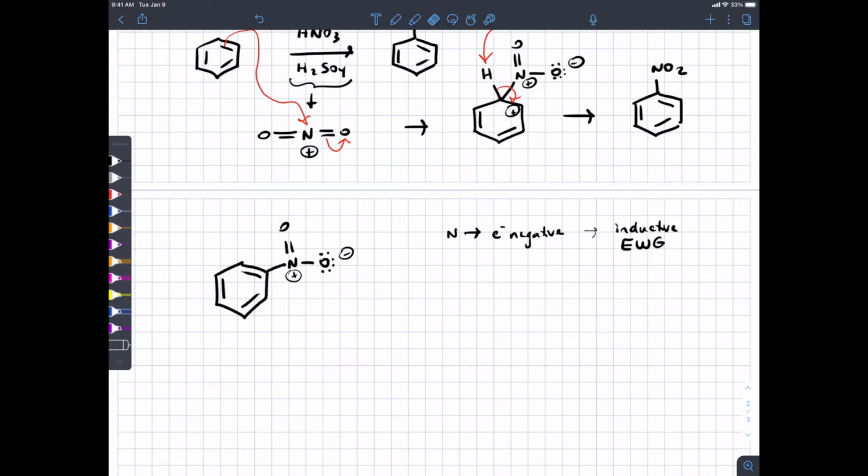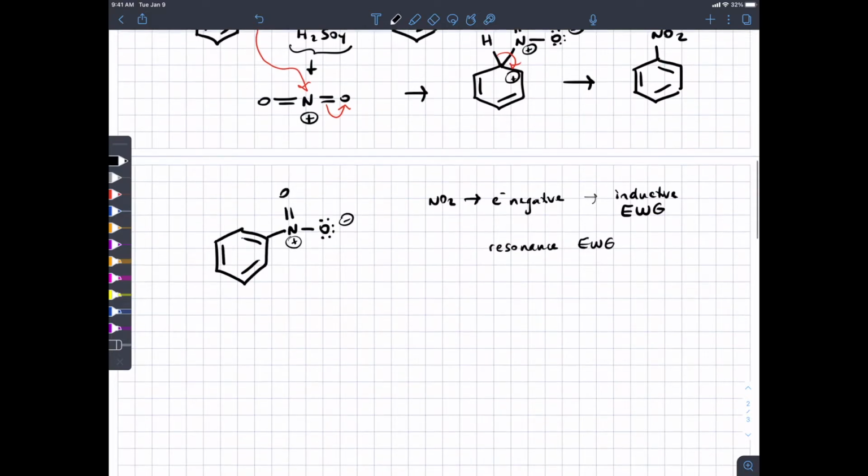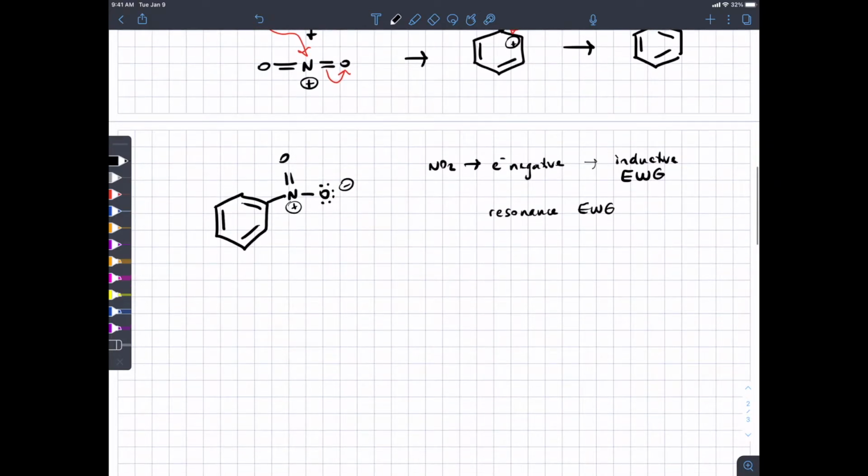But there's something else that can go on too, and it is that the nitro group, NO2, is also a resonance electron withdrawing group. What do we mean by that?